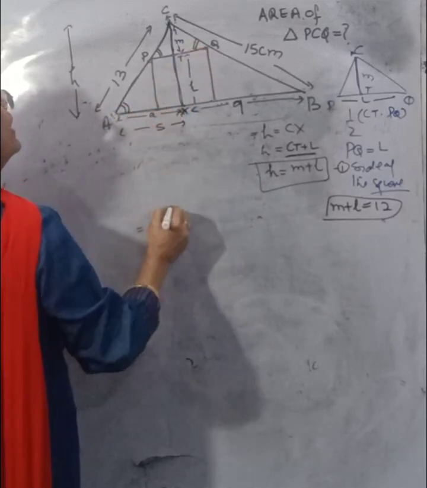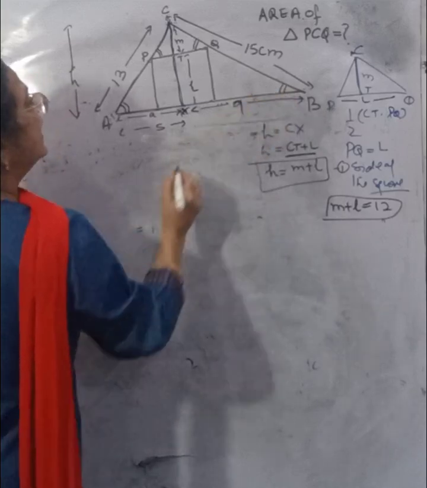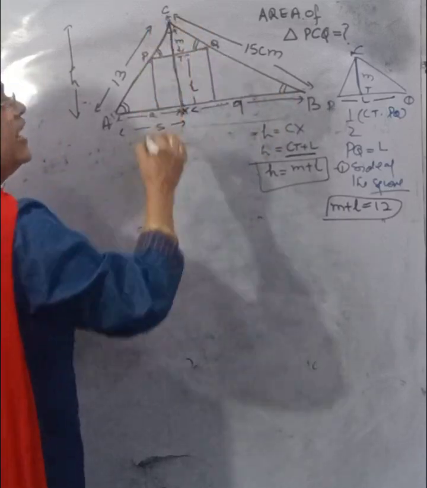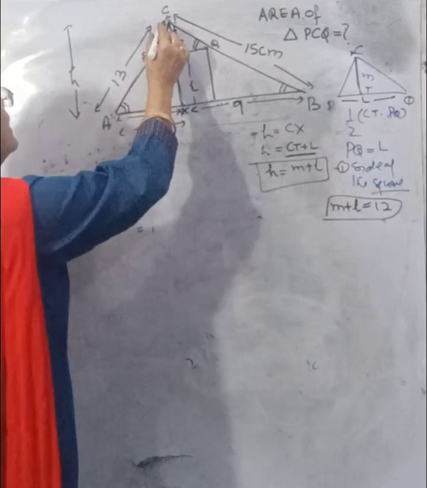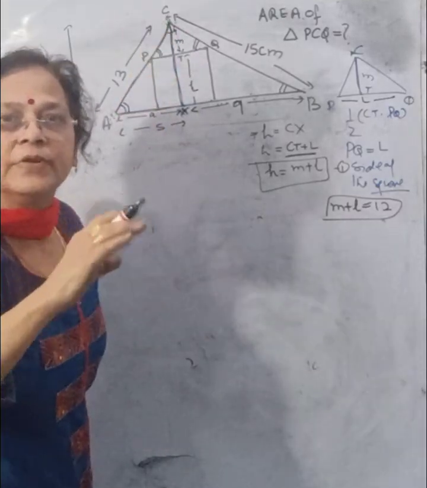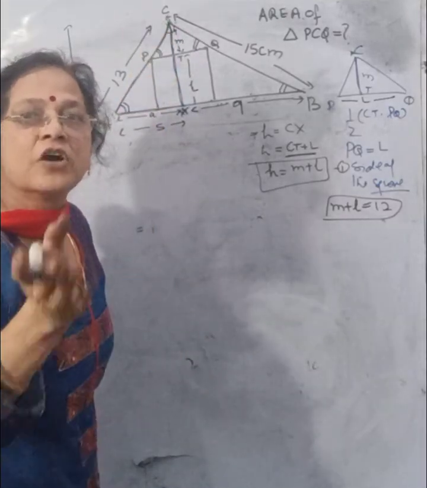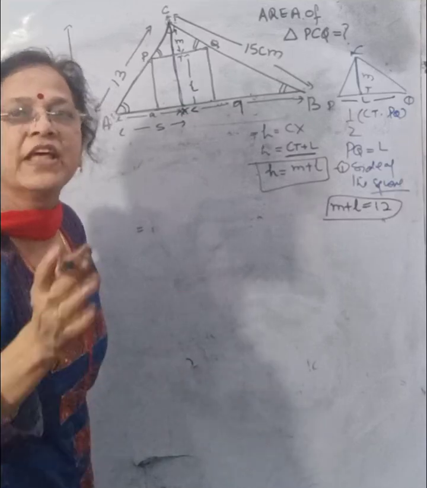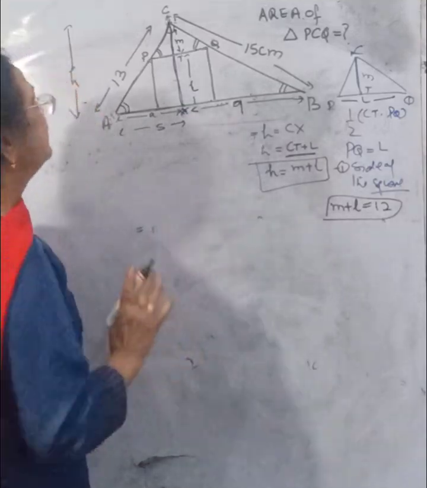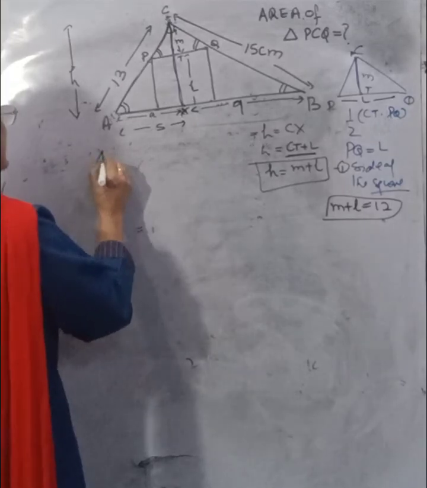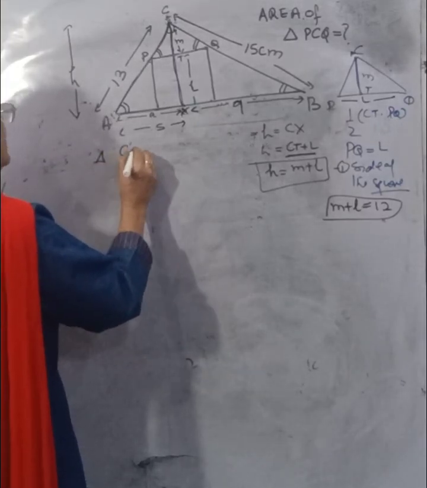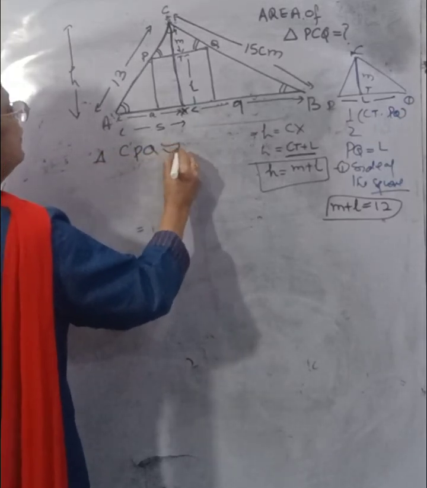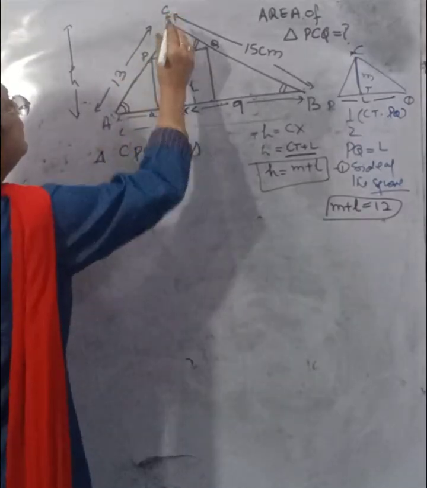The angles of this small triangle will be equal to the angles of this bigger triangle, and this angle is common. It means both triangles are similar by angle equality, and hence the ratio between their corresponding sides will be the same.